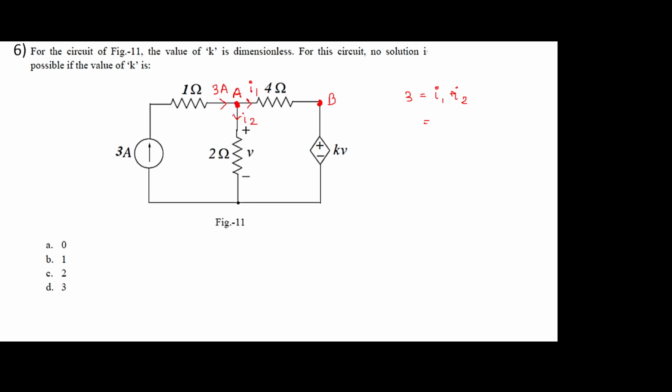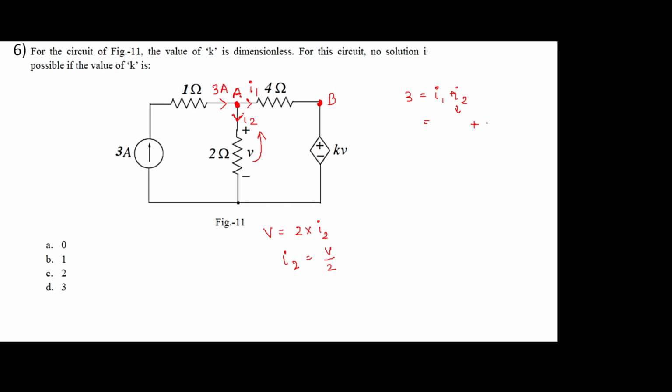So the current I2, since resistance is given, the relation between V and I2 will be voltage is equal to 2 into I2, right? So if we write I2 in terms of V, it will be V by 2. So we simply replace I2 by V by 2.